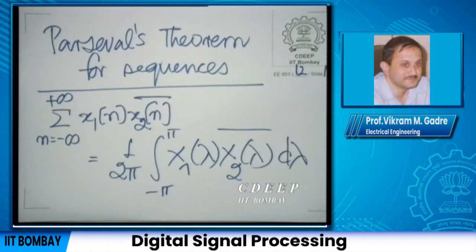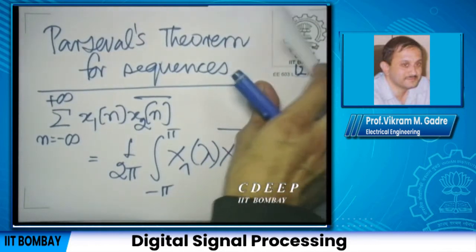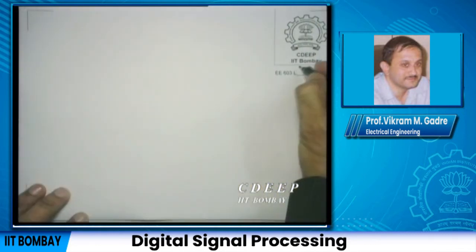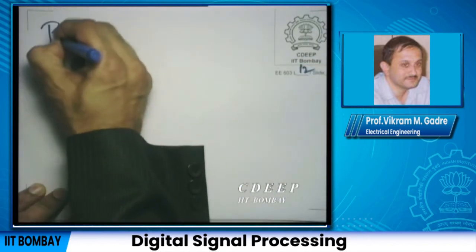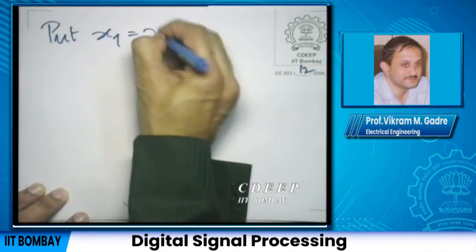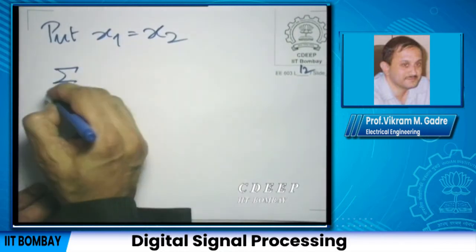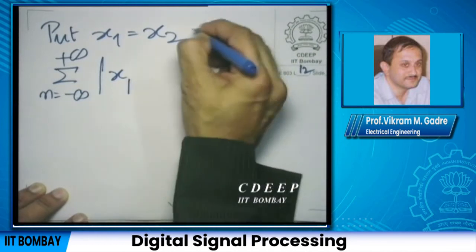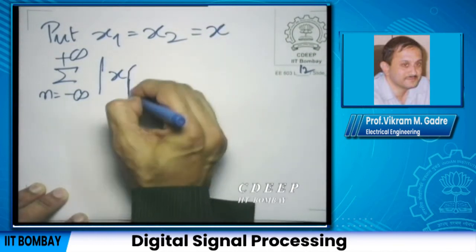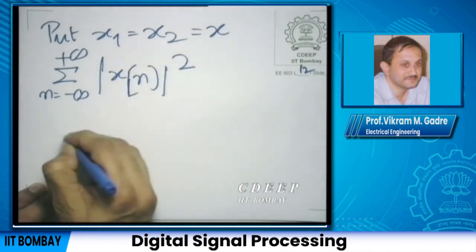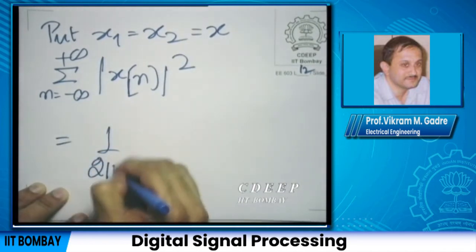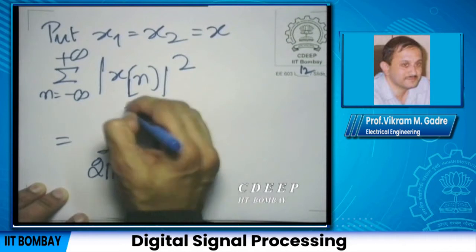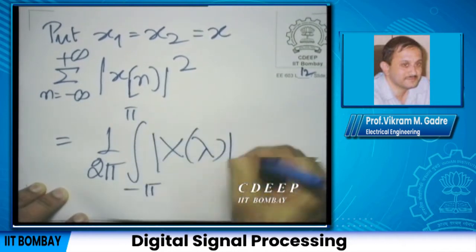That consequence follows if you take x1 equal to x2. We get summation n from minus to plus infinity mod, let us call this x, so mod xn squared is 1 by 2 pi integral minus pi to pi mod x lambda squared d lambda.